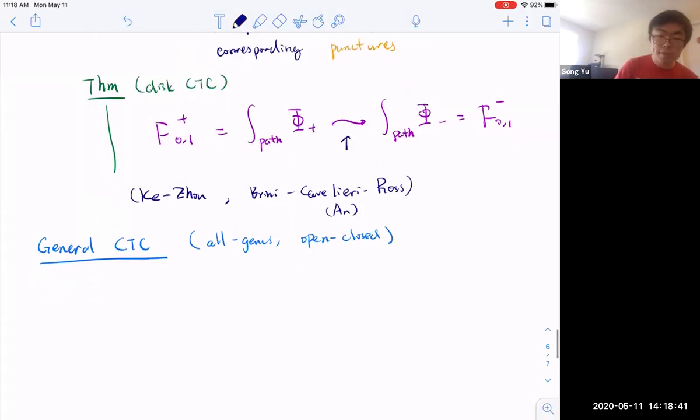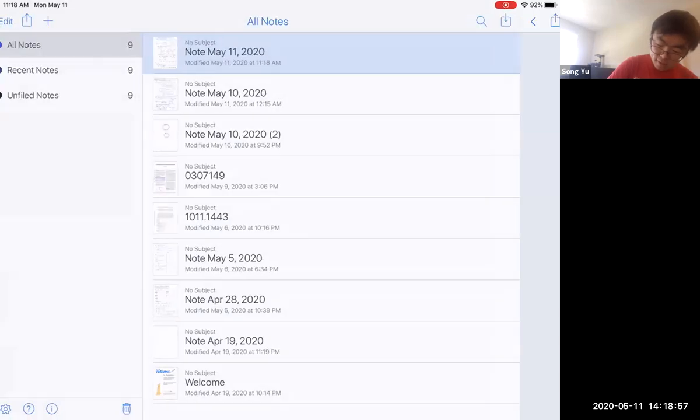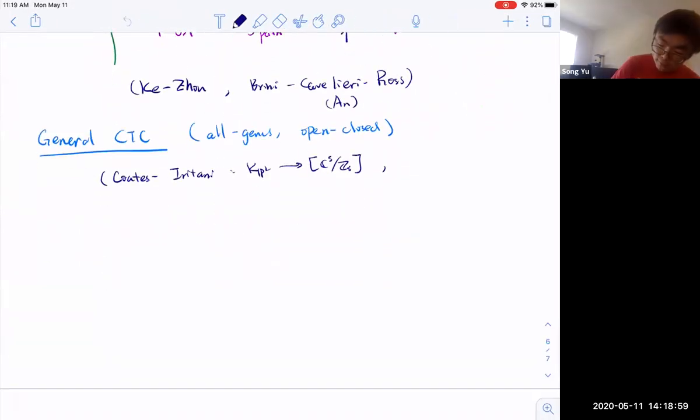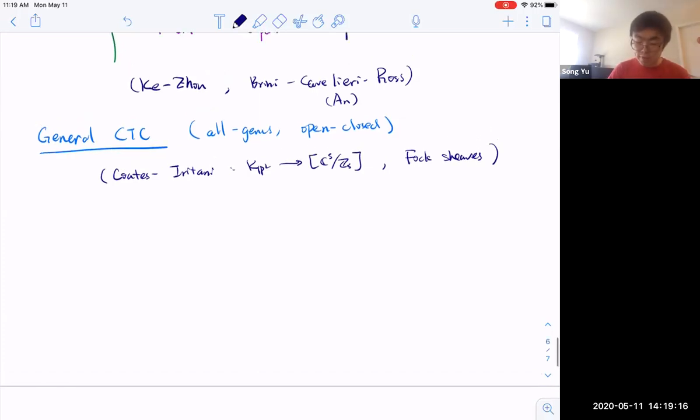There's a work in this direction by Coates and Iritani, just for the crepant resolution of K_P2 to the orbifold C3 modulo Z3, and they formulated this problem in terms of Fock sheaves, which seems very complicated. The paper is over 100 pages long, and they also showed that the generating functions for Gromov-Witten F_g are modular.